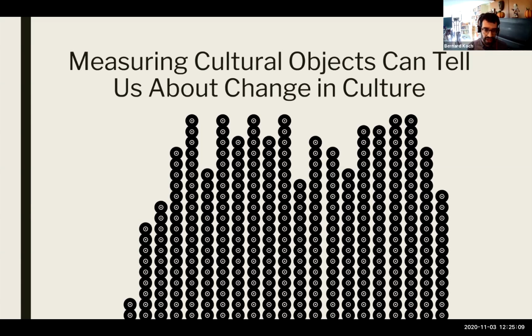Even today, if you're interested in doing cultural evolution analyses with digital trace data on the internet, object-level data, stuff about tweets or hashtags, is a lot more accessible than information about individuals. So we're going to look at diversity of cultural objects over time as a proxy for ideas.